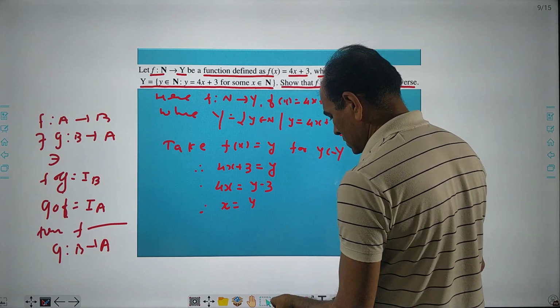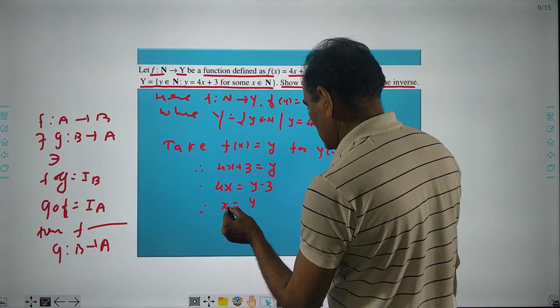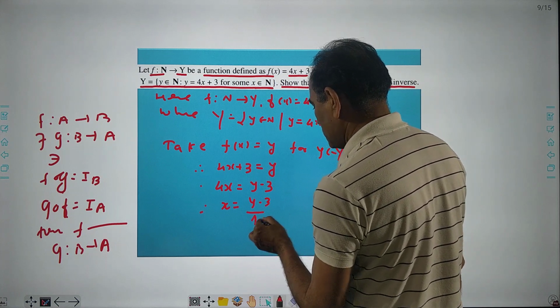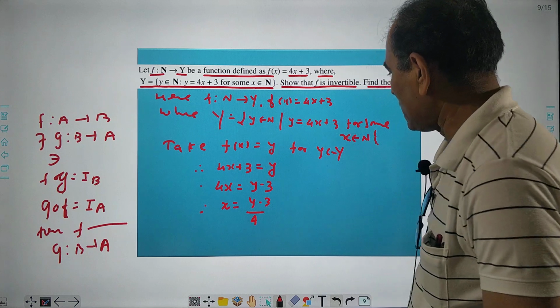X is equal to (y minus 3) by 4. So here we can define function g.